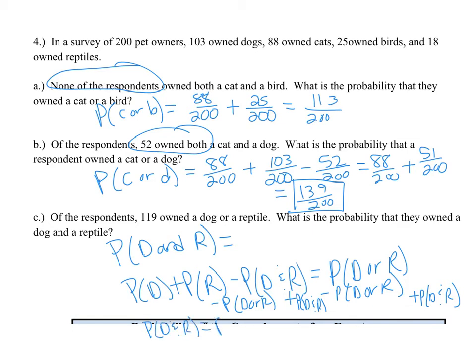And I can see that's going to equal the probability of the dog plus the probability of the reptile minus the probability of dog or reptile. So the probability of a dog is 103 out of 200. Probability of a reptile is 18 out of 200. And we're going to subtract away from that the probability of one or the other, which is 119 out of 200.